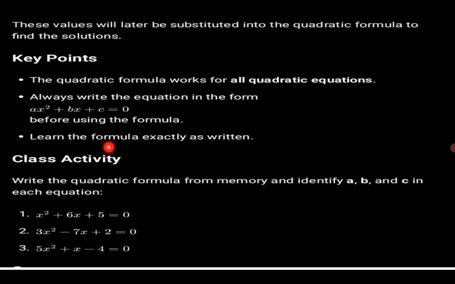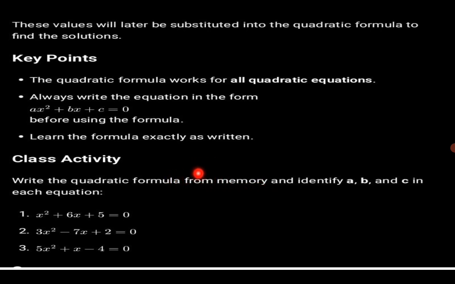So learn the formula exactly as written. I would like you to write the quadratic formula from memory and identify the values of a, b, and c in each equation. Try to write it on paper or in your notebook.